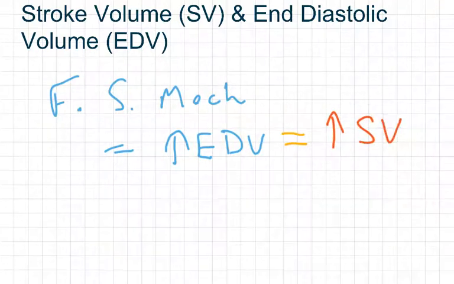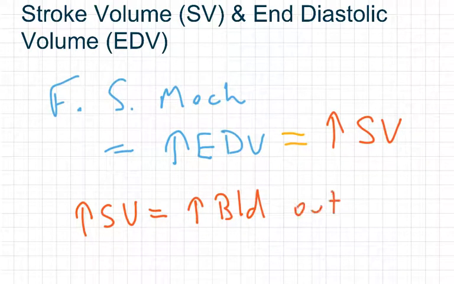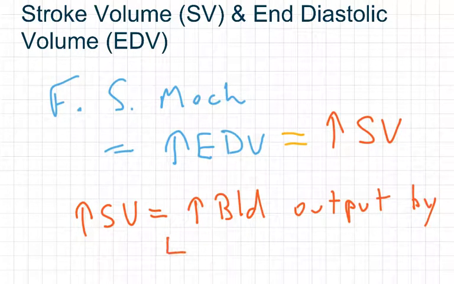And when you have an increase in stroke volume, that means you have an increased blood output by the left ventricle of the heart with each heartbeat.